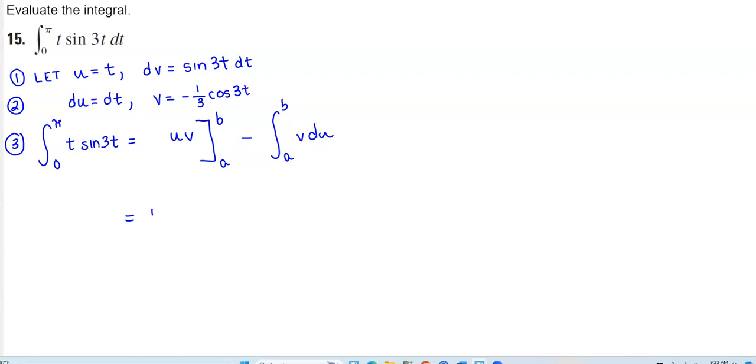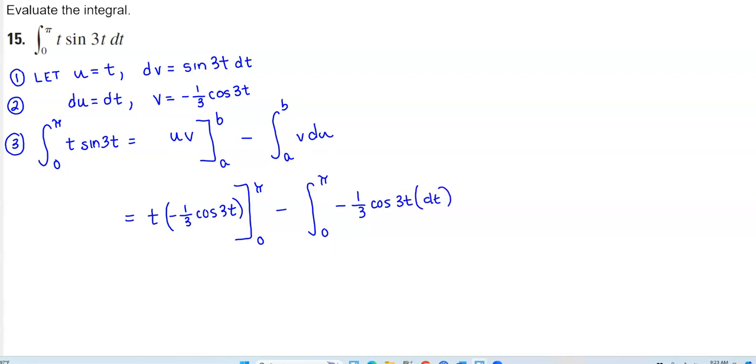So we know that u is t, and we know that v is negative 1/3 times the cosine of 3t, going from 0 to pi, minus the integral going from 0 to pi. We know that v is negative 1/3 times the cosine of 3t times du, which is dt.